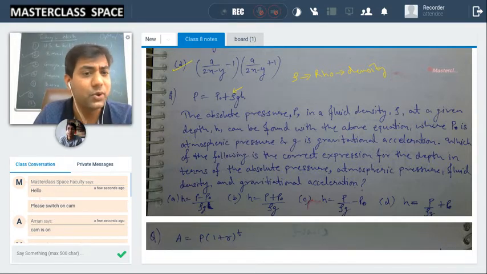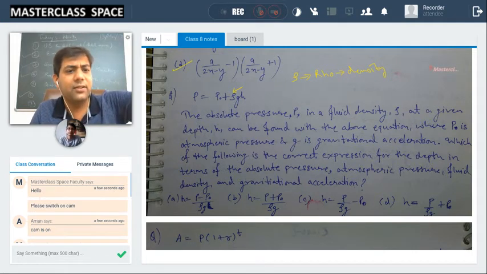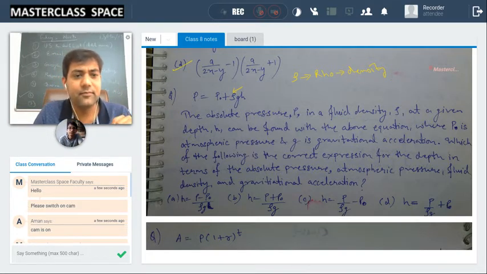Like someone goes to a grocery shop and asks, what's the weight of this packet? But there is a difference between weight and mass, right? Mass is in kg, weight is in newtons.